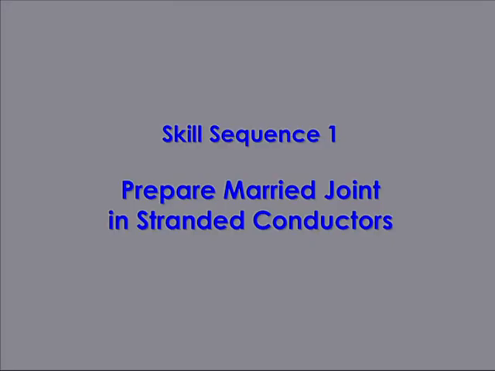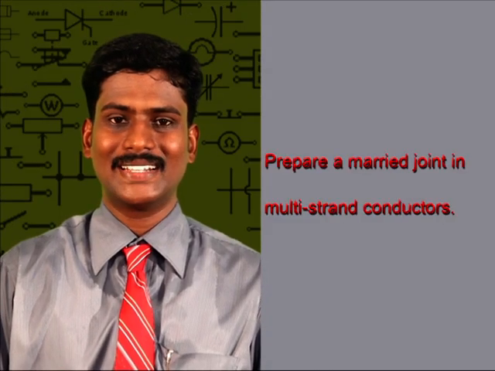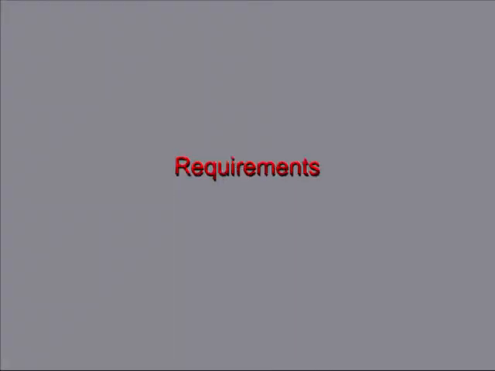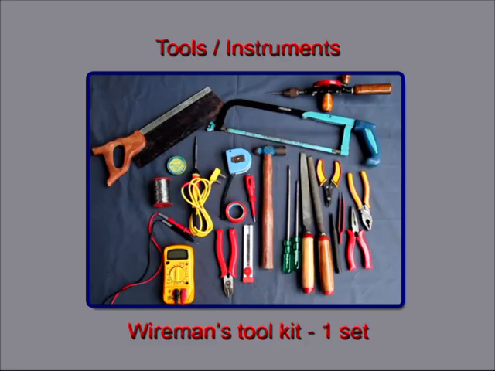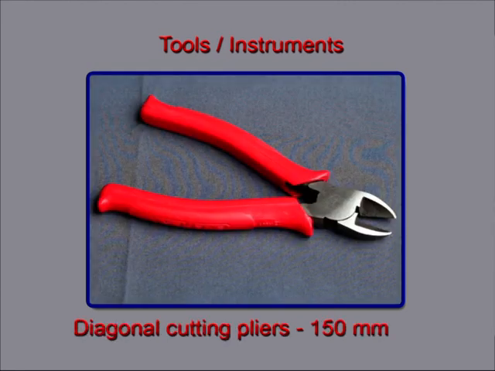Skill Sequence 1. Prepare married joint in stranded conductors. Dear students, this lesson will help you to prepare a married joint in multi-strand conductors. Requirements: tools and instruments. Wireman's hand toolkit, 1 set. Diagonal cutting pliers, 150 millimeters.